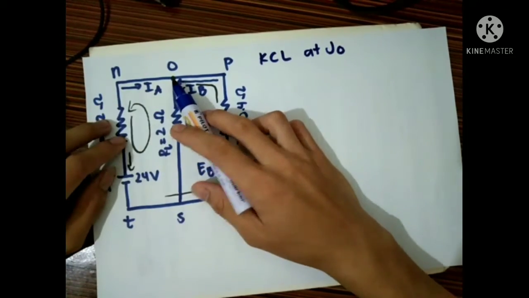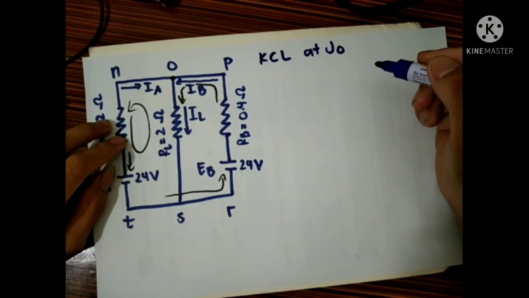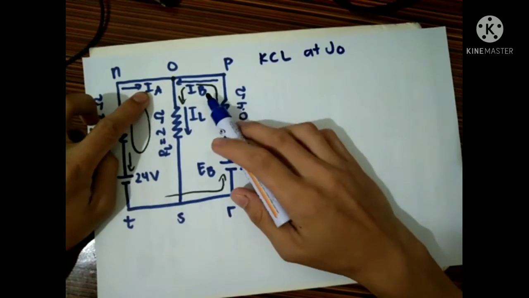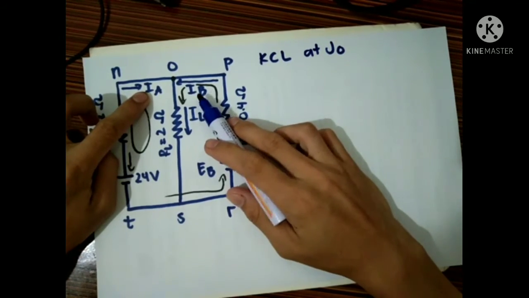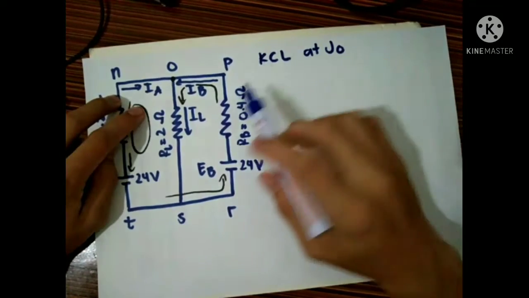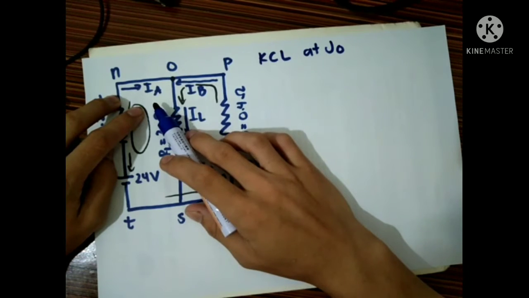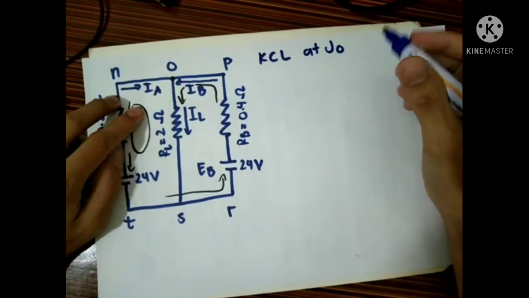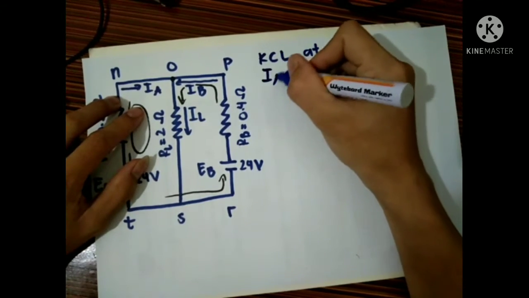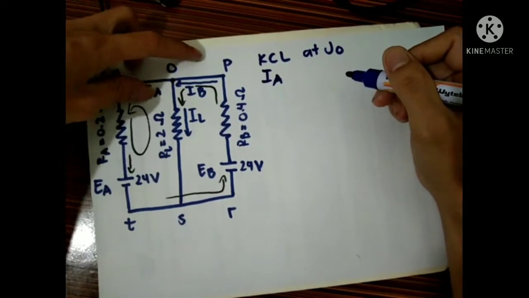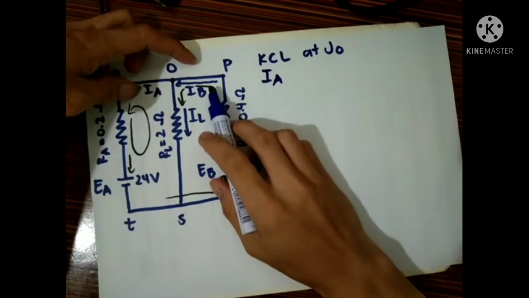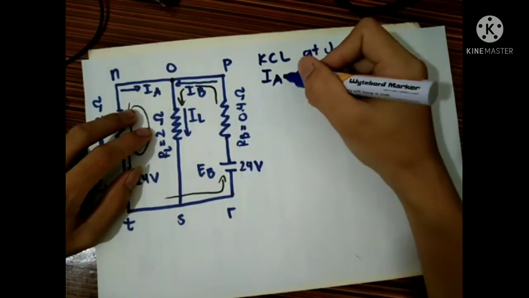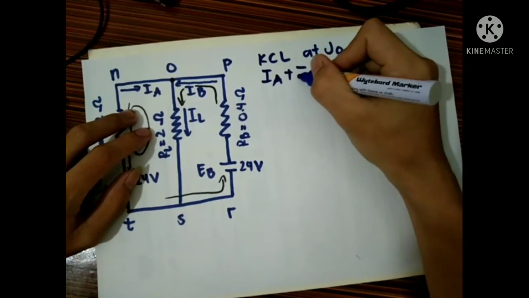As you can see in the diagram, we have IA, IB, and IL. IA is entering the junction O, so it is positive. And of course, IB is also entering junction O, so it is also positive.